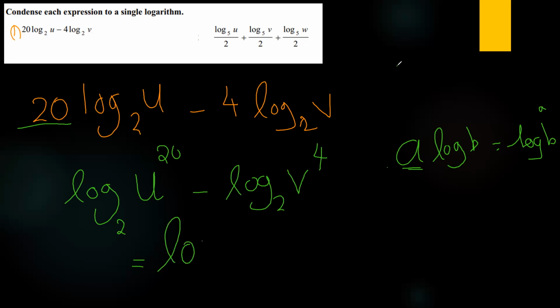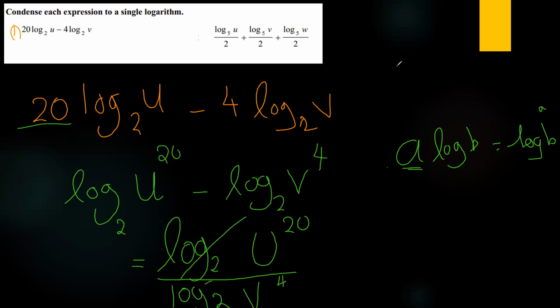So I can take the logarithm outside: logarithm to the base 2 of u to the power 20 over v to the power 4. So it's like u to the power 20 over v to the power 4. This is here. How can I rewrite it now as a single logarithm?